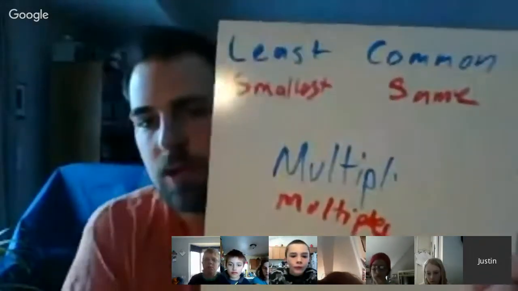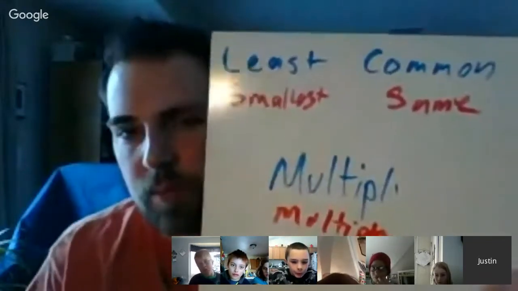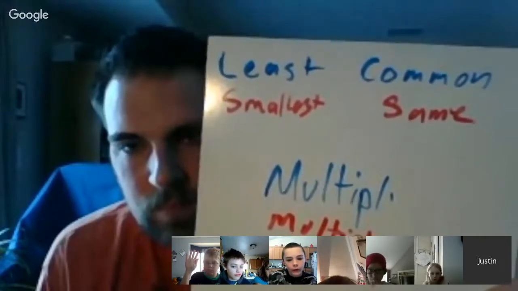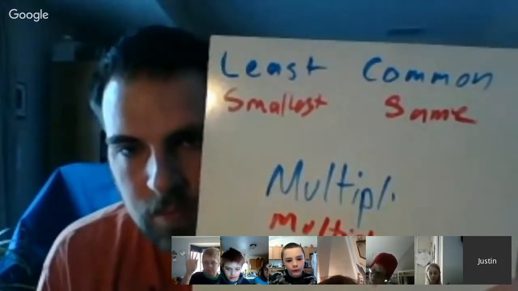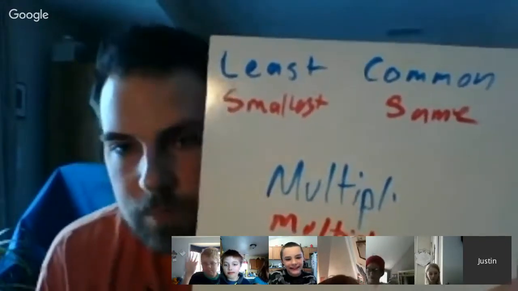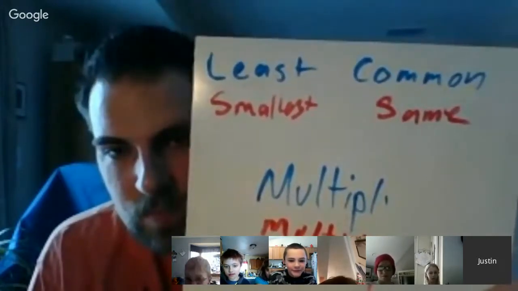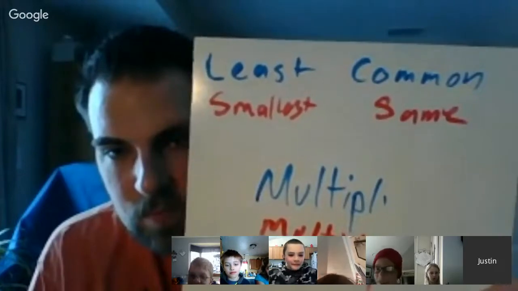So we kind of broke down what the words meant. What does this mean? Somebody else, in your own words, tell me, if I'm telling you to find your least common multiple, what does that mean? Corinne, I saw your hand at the last minute. It means that there's two of the same number, but it's the lowest number.